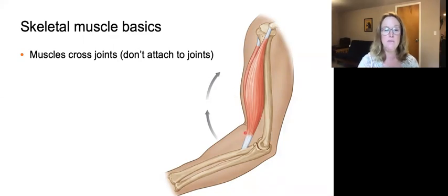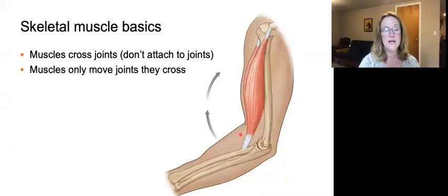For example, biceps brachii here, as I said, attaches to the scapula proximally. It has its origins on the scapula, and then its distal insertion is on the radius. And so biceps brachii crosses the elbow joint, and it moves the elbow joint. Muscles can only move joints that they cross, okay?